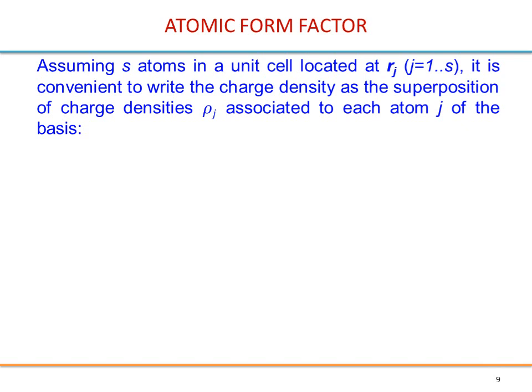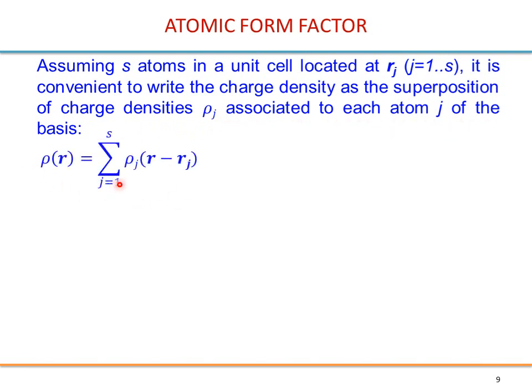So now we can go further. If we know the atoms that we have in our unit cell, we can set a sum. We can look at them independently and take their sum. So let's assume we have S atoms in a unit cell, so we know where they are located, each one located at R_j. So we can write the charge density as a superposition of charge densities rho_j associated to each atom in this way.